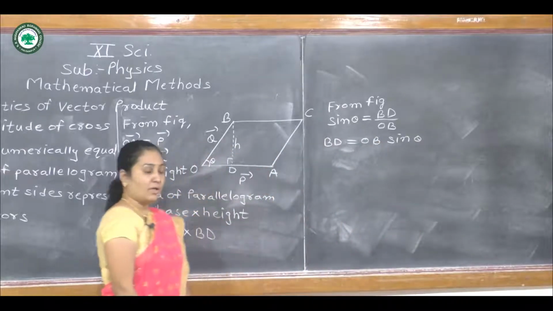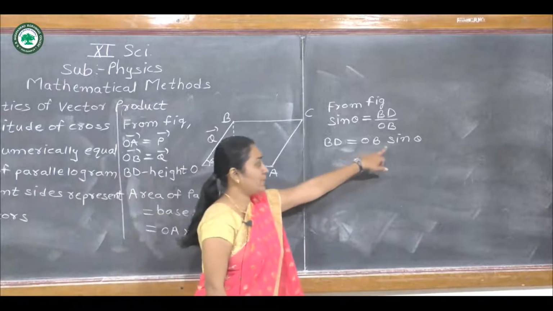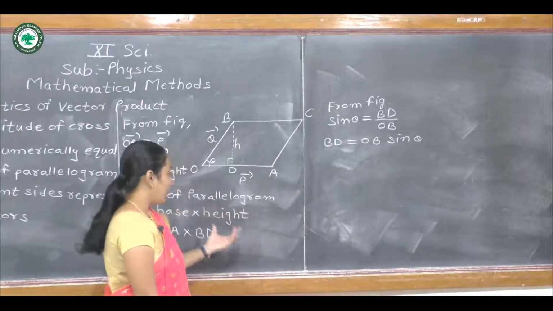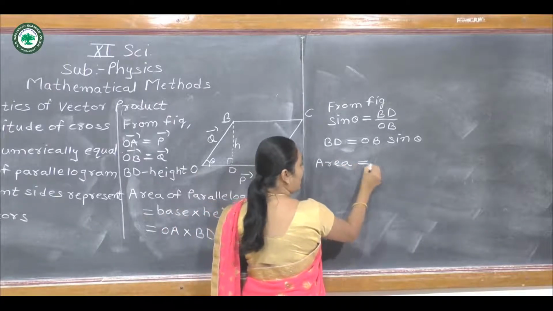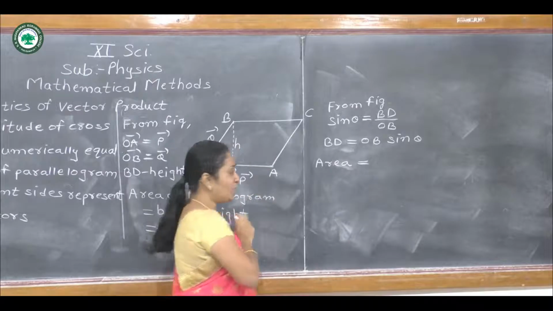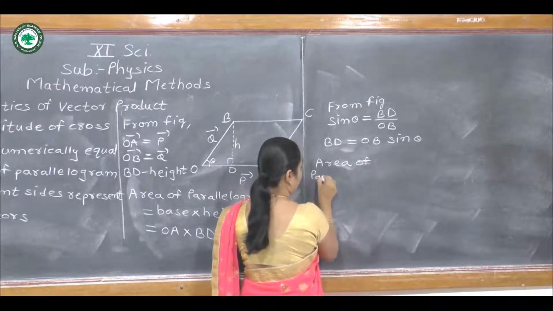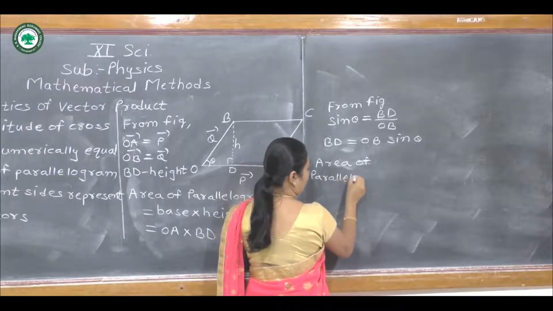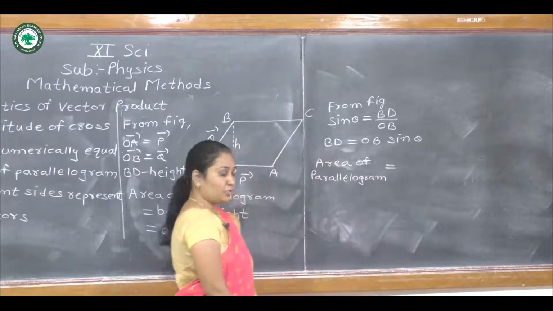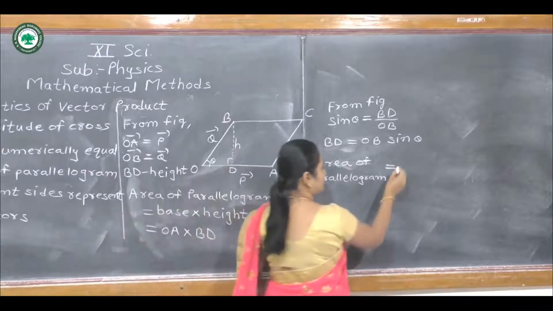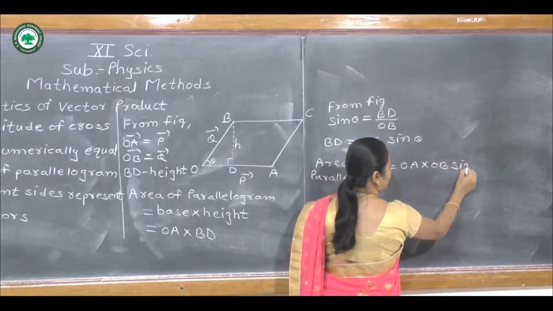So we can substitute here instead of BD, OB sine theta. So area of parallelogram is equal to OA into OB sine theta.